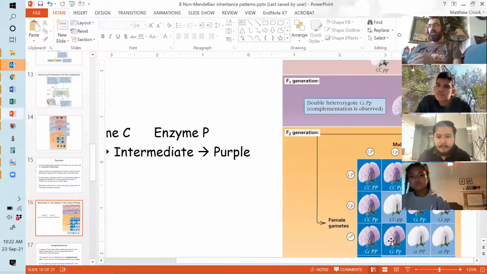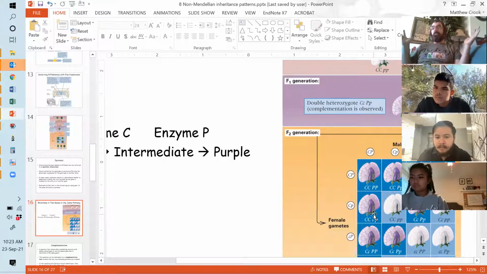For example, this individual here, or this one, actually any of these white ones, they all, for one of the genes, are homozygous recessive. Now for the other gene, like enzyme C, for example, this one here on the left that I'm circling, which is the second square, is homozygous dominant for one of the enzymes.